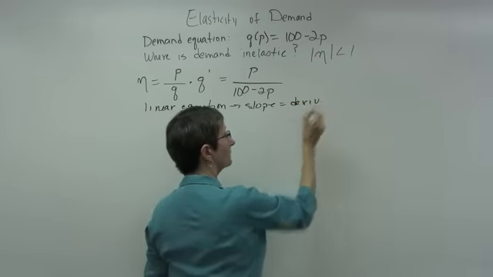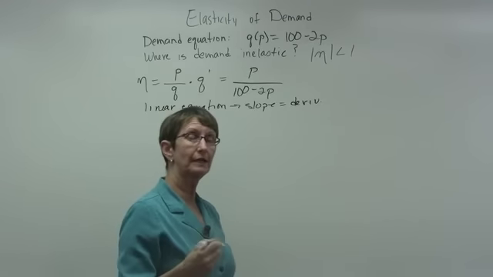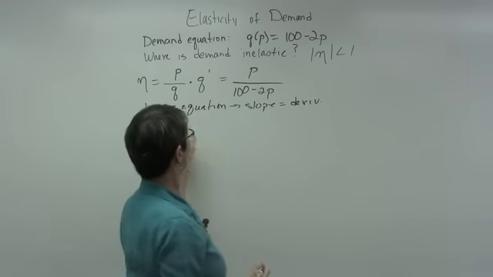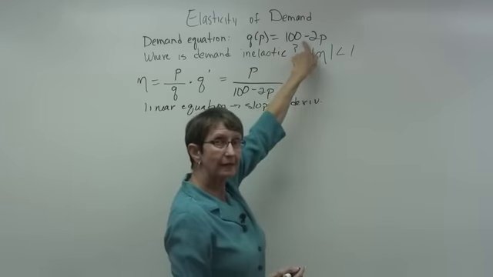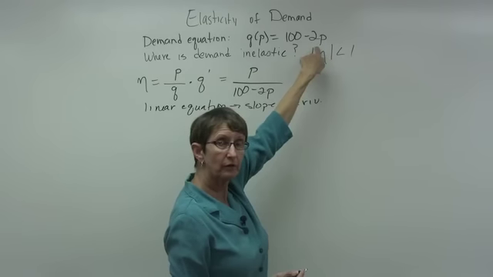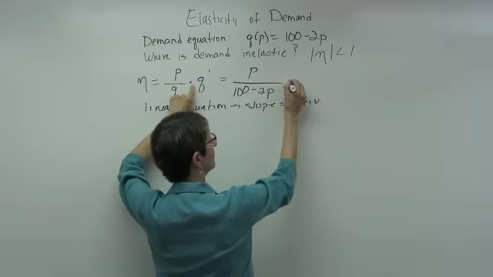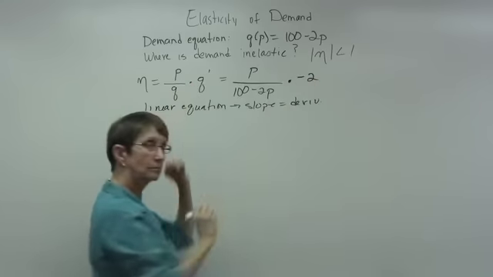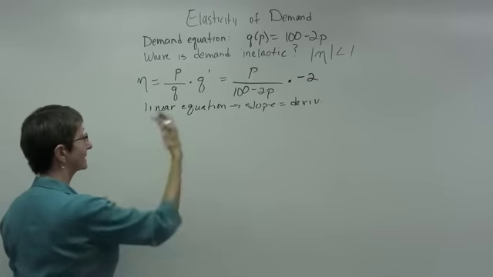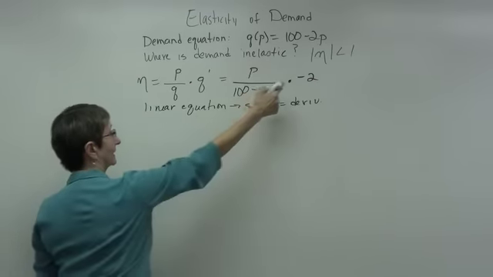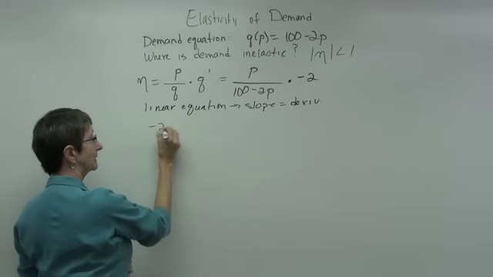Remember that the slope is a rate of change, and the rate of change is the derivative. So the derivative is the same as the slope, and the derivative here then is negative 2. So I'll multiply this times Q prime, which is negative 2. So elasticity is negative 2P.